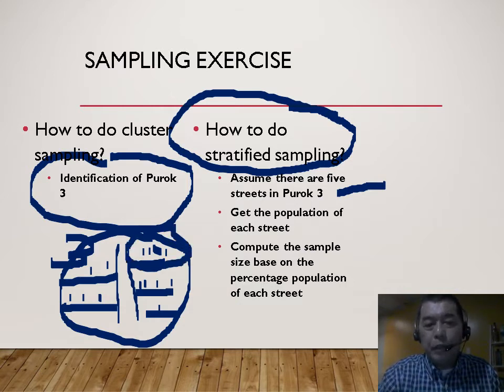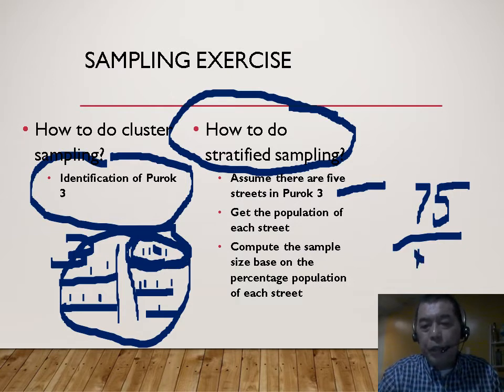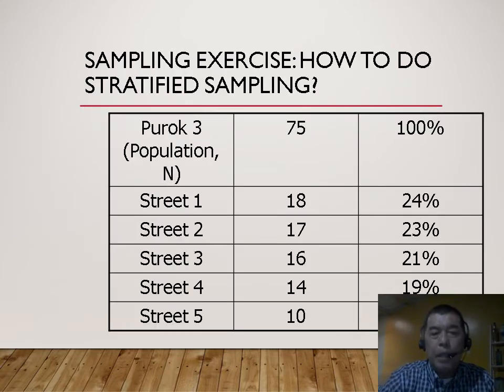And the formula that you are going to use is 75 over the population residing here, and the certain figure that you will get is this one. Example 1. Okay. In street number 1, you have 18.